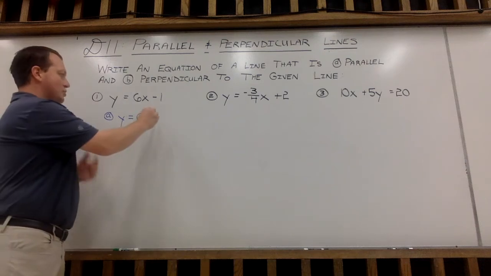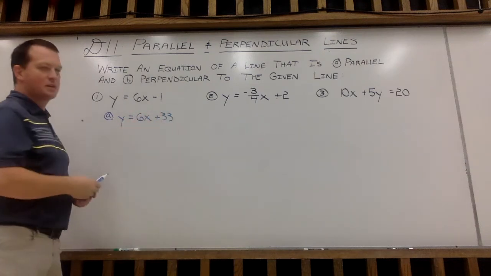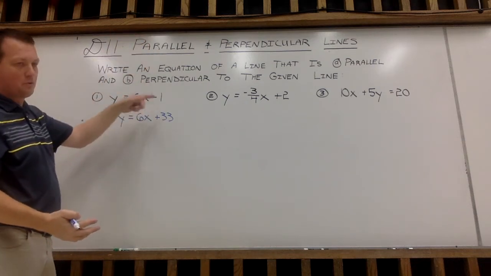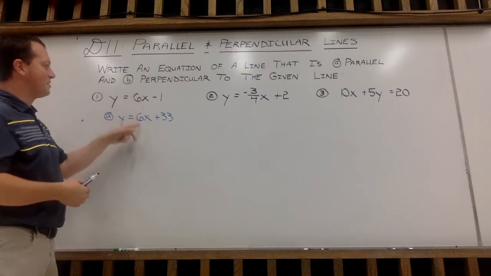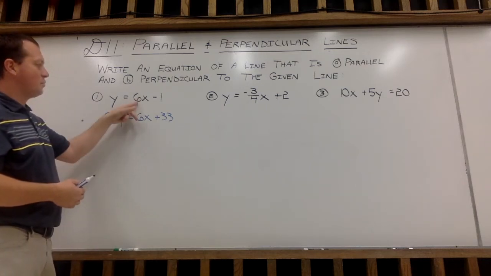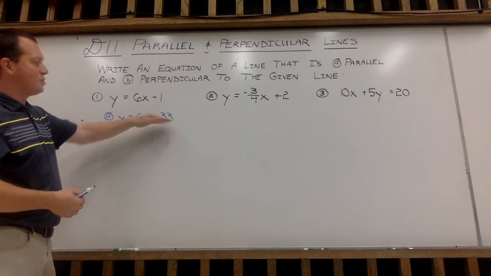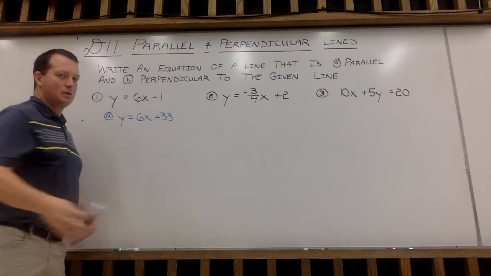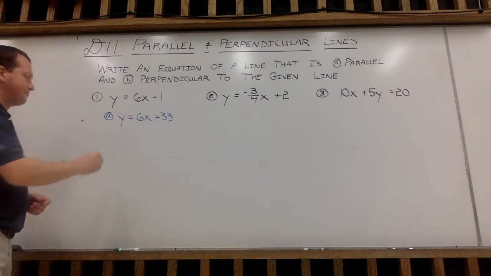So I might just pick a random number like 33. y = 6x + 33. These two lines are going to be far apart, in fact 34 units apart, but they will never cross because they have the same slope. Up 6, 1 to the right, up 6, 1 to the right. So as long as your y-intercept value is different than -1, and your slope is 6, you are going to have a correct answer.